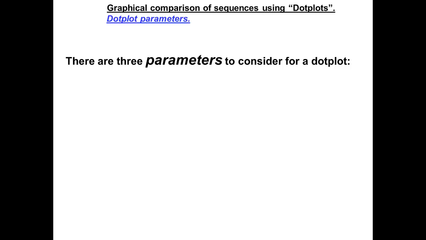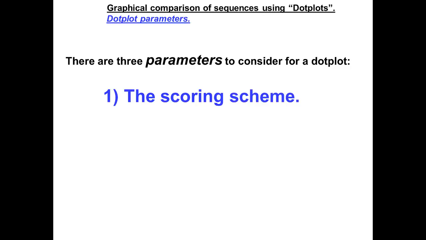There are 3 parameters that should be considered when computing a dot plot. The scoring scheme. Anything sensible for DNA will be fine. For protein sequences, the choice depends primarily on the evolutionary distance supposed between the 2 proteins being compared. Not such a critical choice for a dot plot as for a textual alignment, I would suggest.